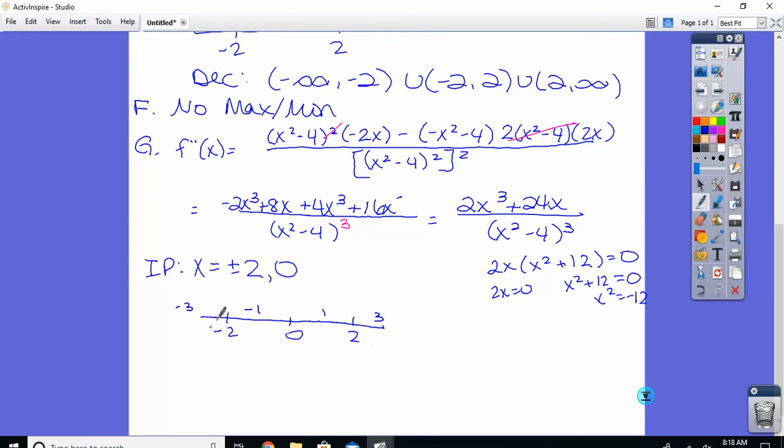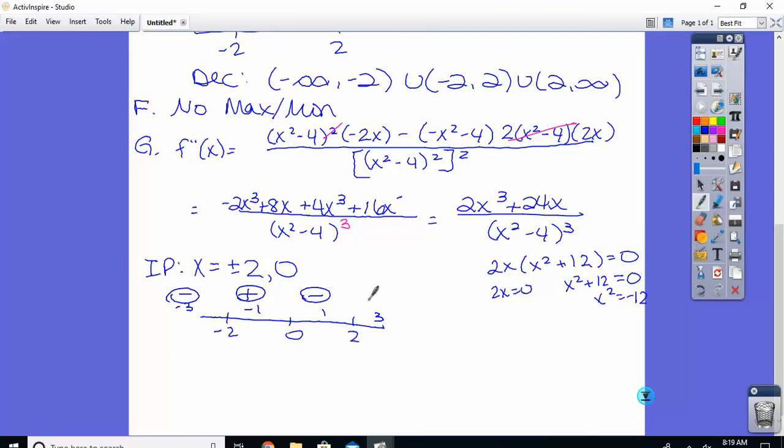Okay, if we plug these into the second derivative, so if I put in my negative 3, the top would be negative, the bottom would be positive, so that's negative. If you put in a negative 1, top is negative, the bottom would be negative, so that is positive. Put in a 1, top is positive, bottom's negative, so that's negative.